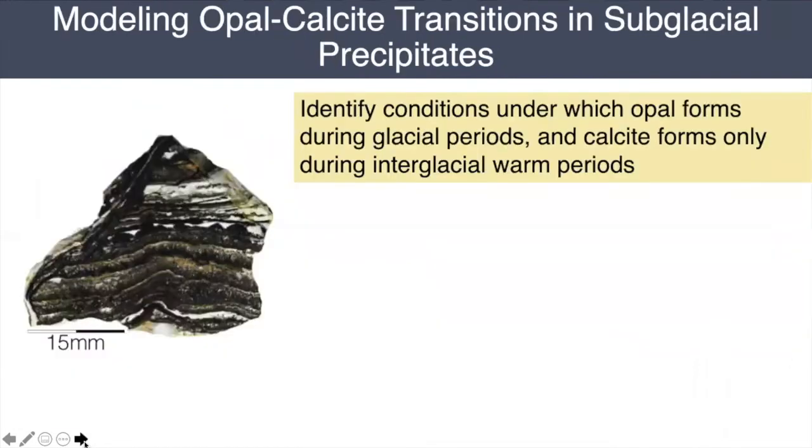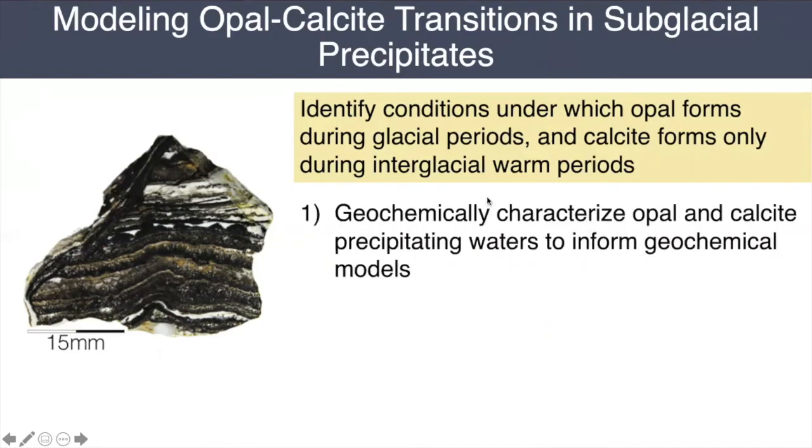And so for the rest of the talk, I'll be presenting some work we've been doing to identify a mechanism where opal can form during glacial periods and calcite forms only during interglacial periods. And so to do this, we first geochemically characterize our opal and calcite layers to get an idea of the waters that form them and to ultimately inform our geochemical models.